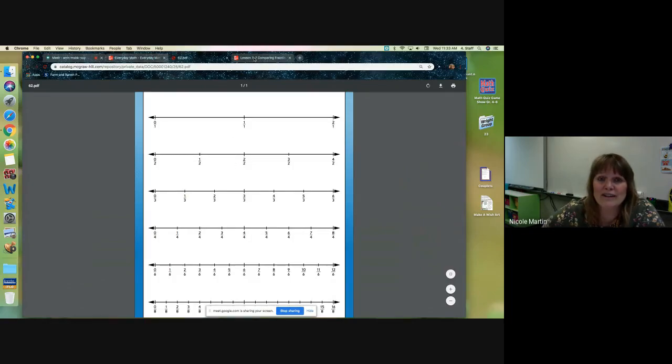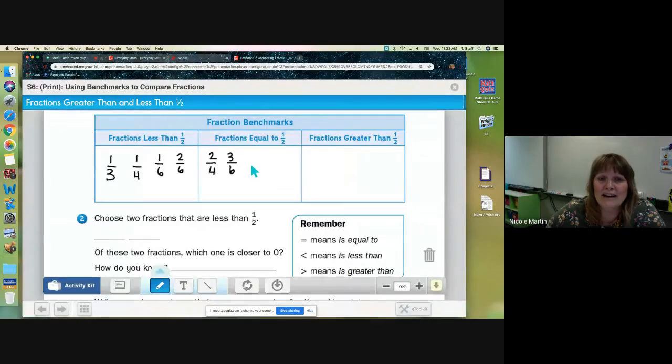Yeah, so very good. So there's another one. What if I did 8 at the bottom? What would my numerator be, Jack? Yeah, 4, because 4 is half of 8. So there you have halves. Now notice the trick here is that the numerator is always half of the denominator.